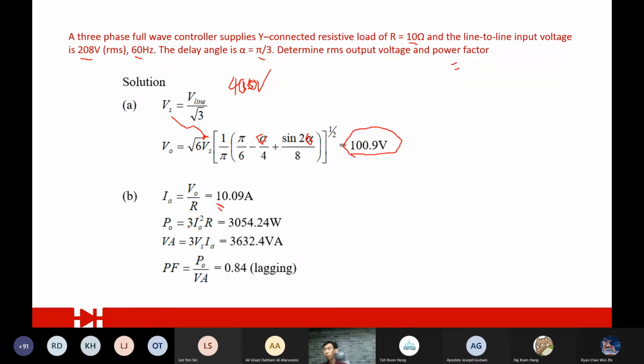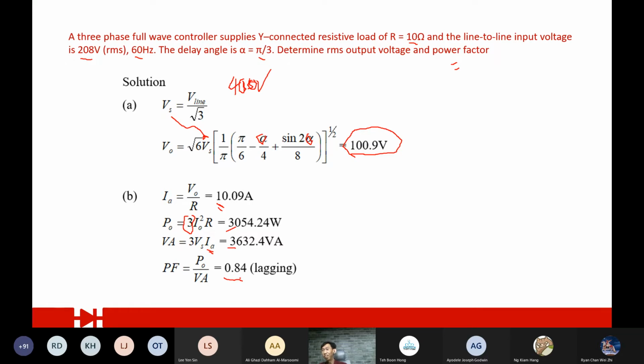So your 3-phase will have 3000. And then, like I said, the current will be the same because it's in series, and the VA apparent power is your VS multiplied by the current and by 3 again, you will have 3006. And then the power factor is real power divided by the apparent power, you will have 0.84.